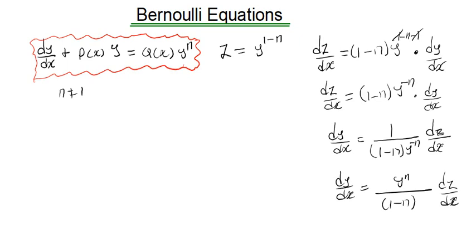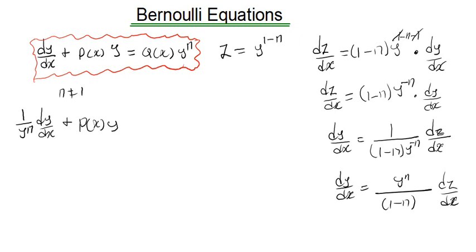I need to multiply it by 1 over y to the power n. Okay, so you need to multiply it by 1 over y to the power n, of which if you multiply by dy/dx, that will just give you what? dy/dx there plus. Okay, so at this point you're going to have p as a function of x. You're going to have y.